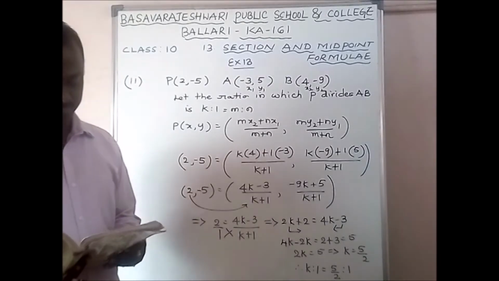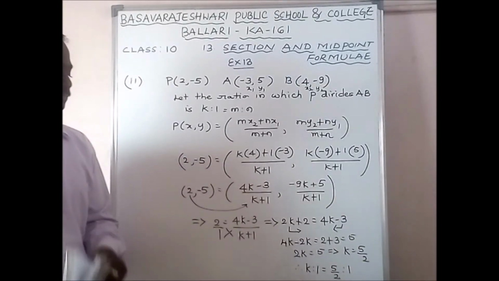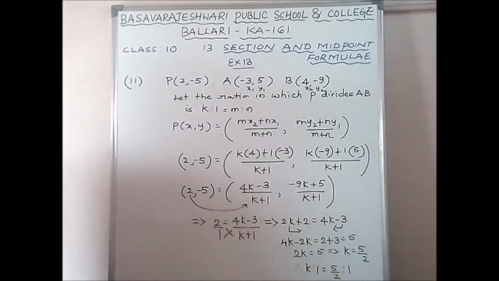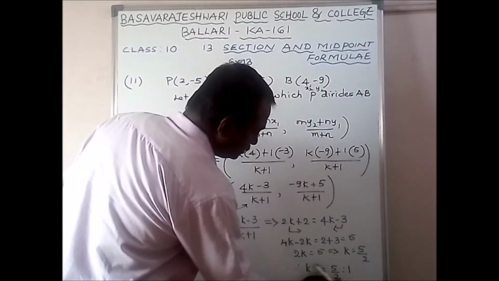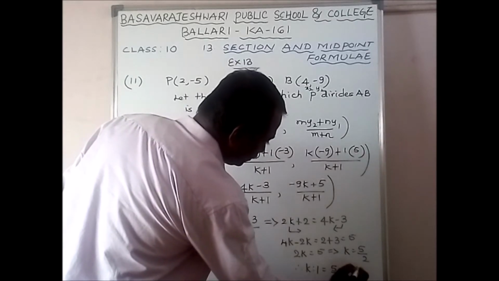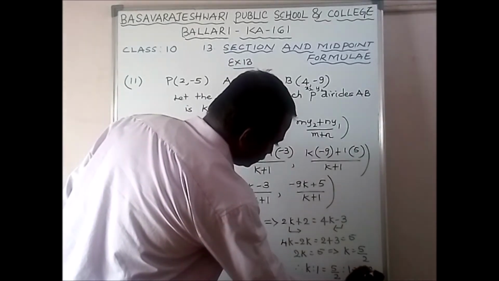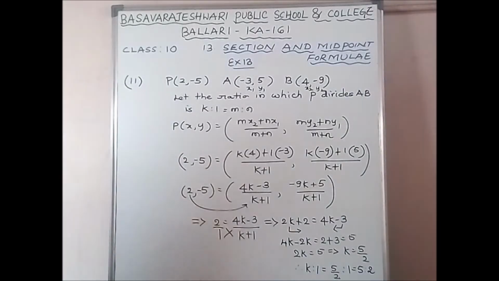So note down this sum. I write here only 5:2. So this is the ratio.